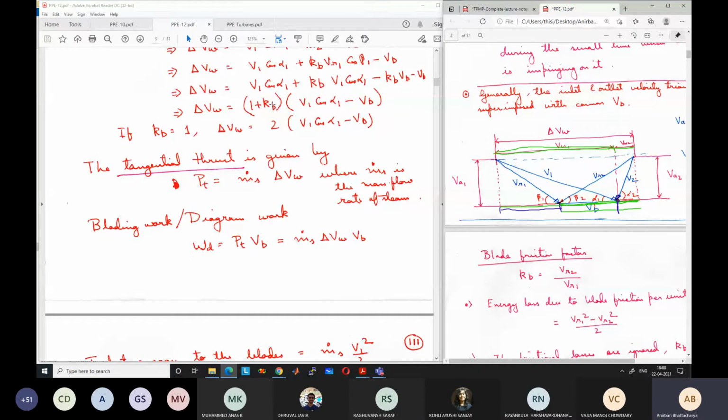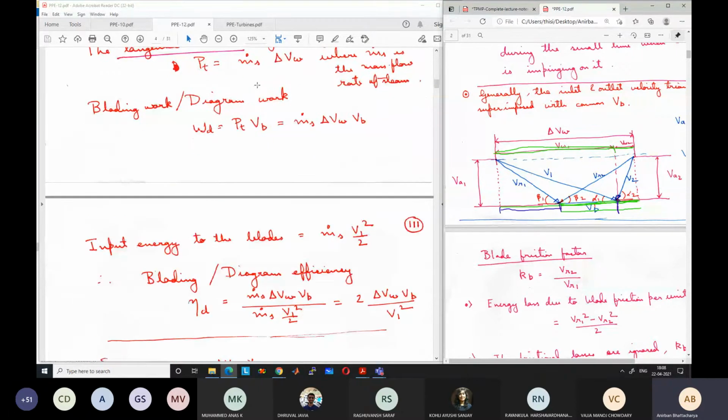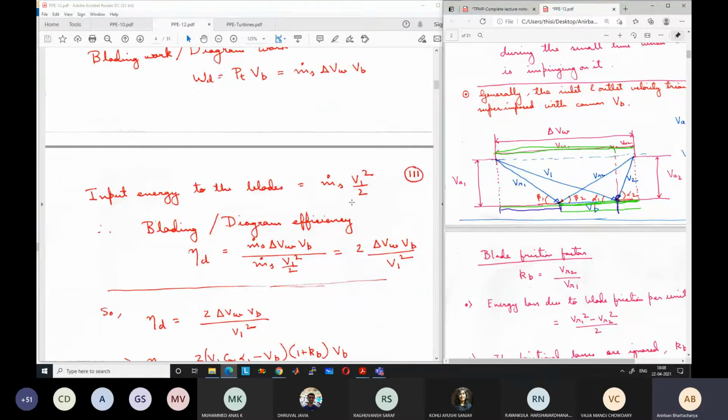What is the input energy to the blades? Mass flow rate into inlet kinetic energy, m dot s into V1 square by 2, as I was saying. So the efficiency of energy conversion can be stated as blading efficiency or diagram efficiency, and it can be calculated as the work that is generated, m dot s delta Vw into Vb, divided by the total kinetic energy that was available for generating the work, which is m dot s into V1 square by 2.